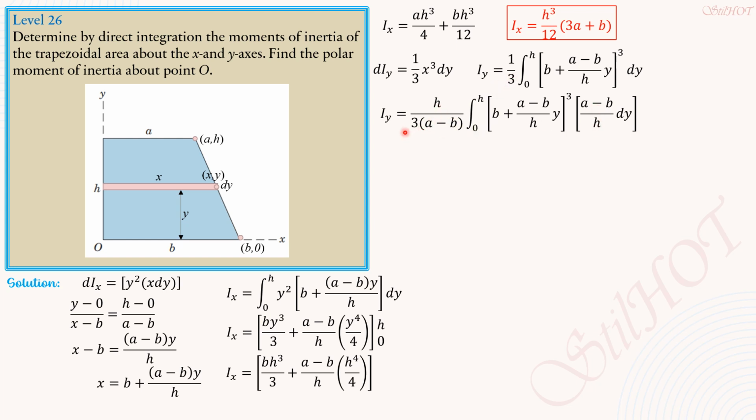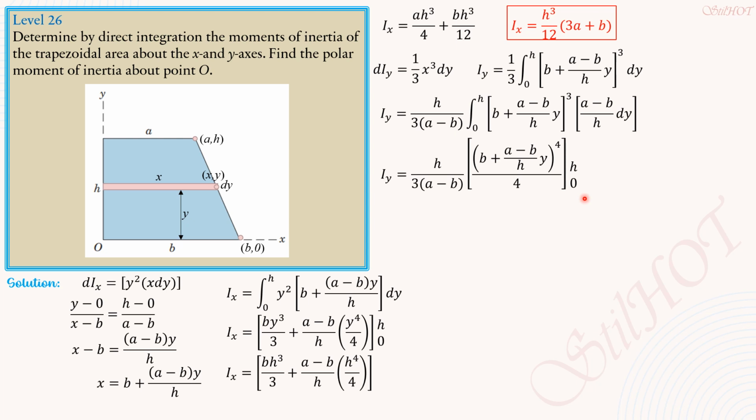We have already 3 here from 1/3. And this is in the form integral of u cubed du. So by power formula, that is just u to the fourth over 4. So Iy is h over 3 times quantity a minus b, quantity b plus a minus b over h y, to the fourth over 4, from 0 to h.